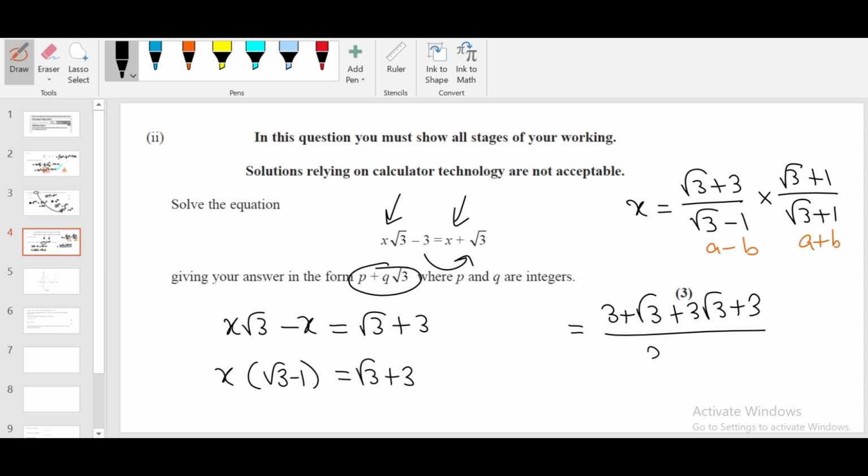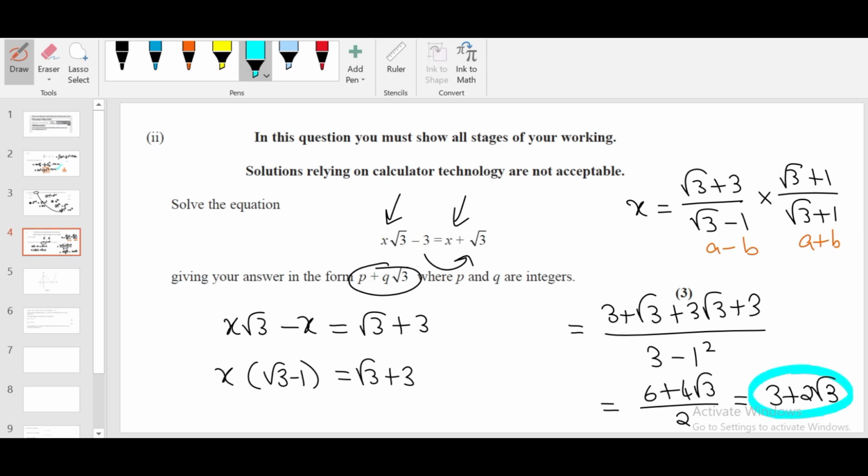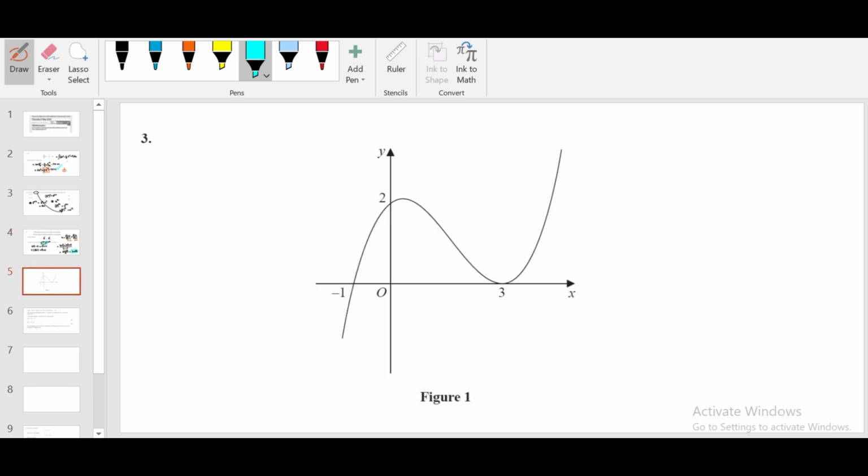Root 3 squared is 3, minus 1 squared. On top, when you simplify the like terms, 6 plus 4 root 3, divided by 3 minus 1, which is 2. Divide each term separately by 2. You will get 3 plus 2 root 3. That's the final answer.